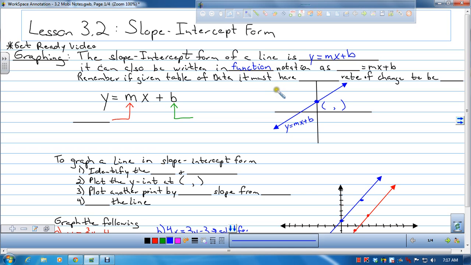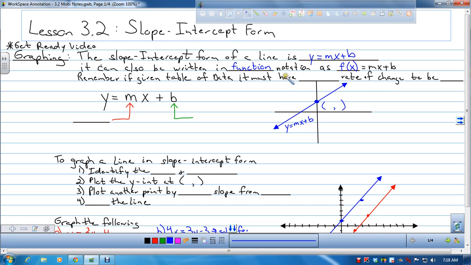And at this point in time, we should be familiar enough with function notation. Quite simply, all we do is replace y with f of x, and that indicates to us that this linear equation is in fact going to be a function. It will pass the vertical line test, right? Remember, the only line that is not a function is in fact a vertical line.